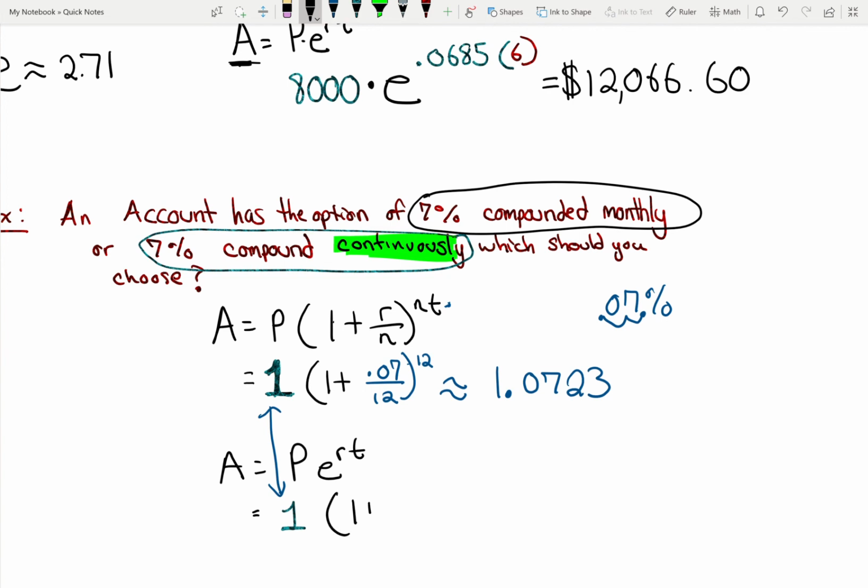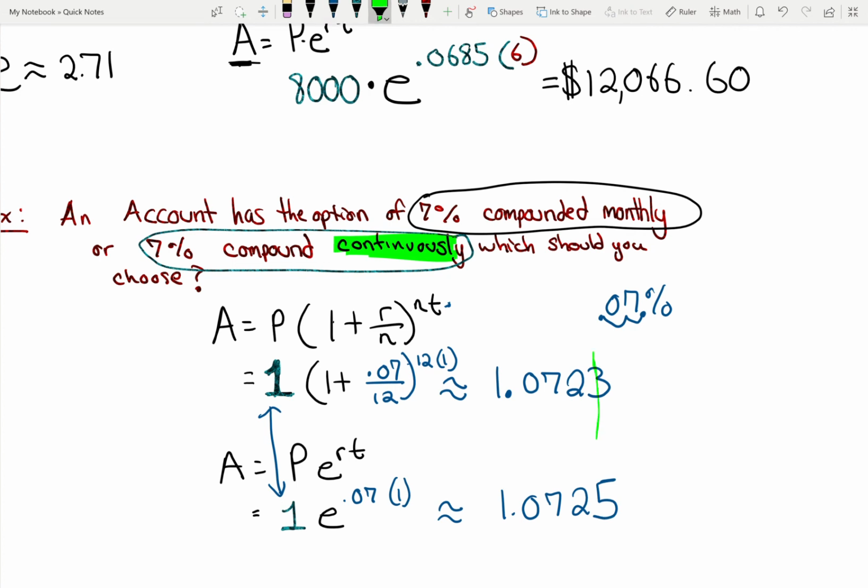So 1 times e to the 0.07 for 1 year. And this value is approximately 1.0725.